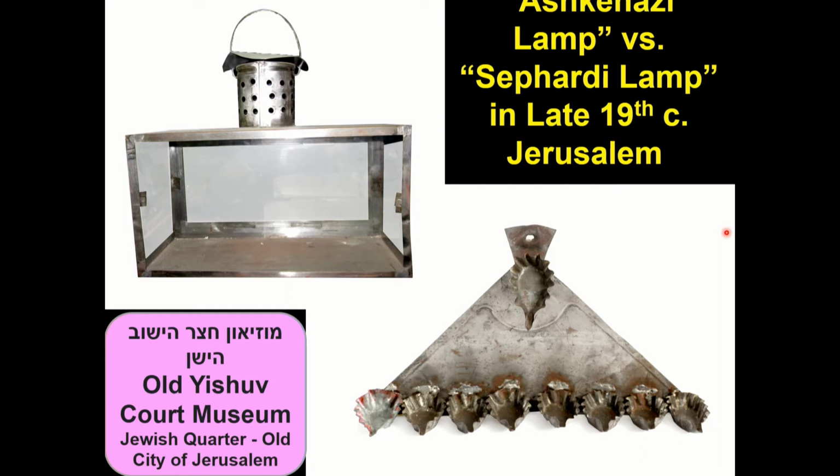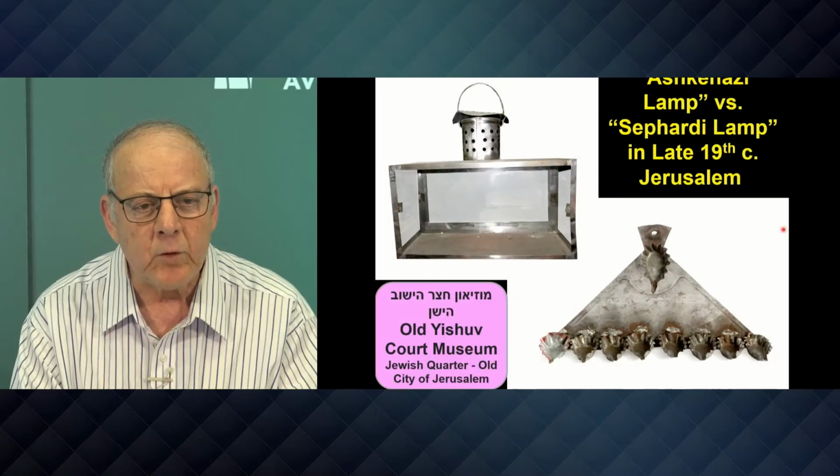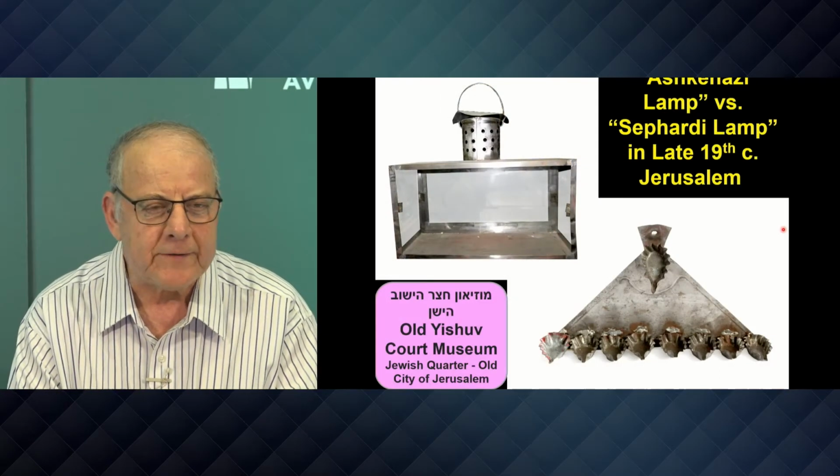It's a good exercise for students of Jewish art to take items from 19th century Jerusalem and try to identify, without reading inscriptions, from which country the maker was, because almost every item is done according to the tradition of that person, whether it's from Poland or from Yemen, it doesn't matter. So here we have two Hanukkah lamps, one Ashkenazi, one Sephardi.